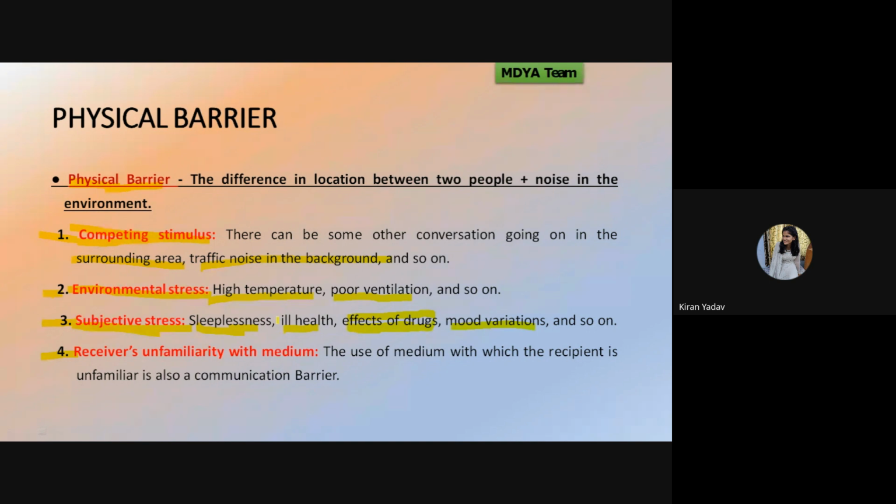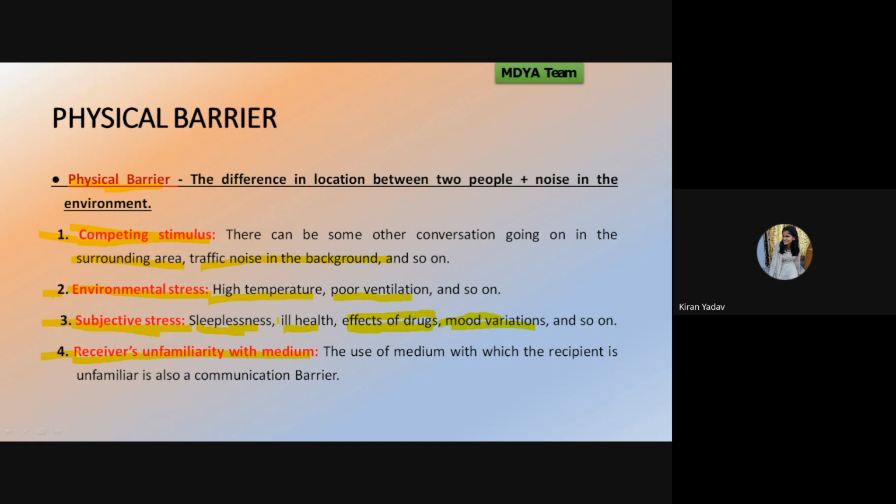And moods also affect. If someone is feeling depressed, then they will struggle to express themselves, or they won't be able to understand others, what they are trying to say. So these are subjective stresses, and after this, receiver's unfamiliarity with medium.